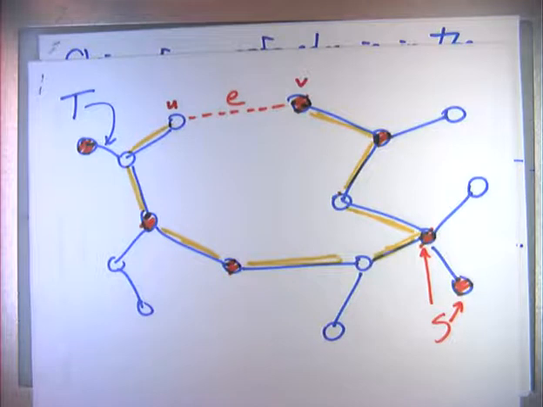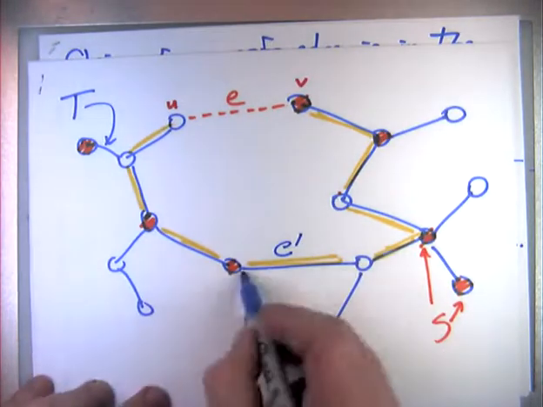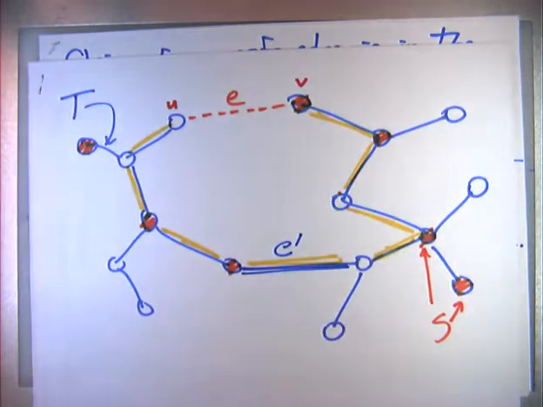So somewhere in the middle, it has to have an edge with one white endpoint and one orange endpoint. In fact, this path has several such edges. I'm just going to pick one arbitrarily and call it E prime. Okay? So, I'm mostly picking this one because it's horizontal, not for any particular reason.